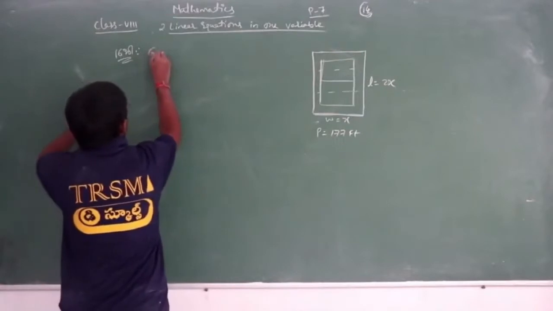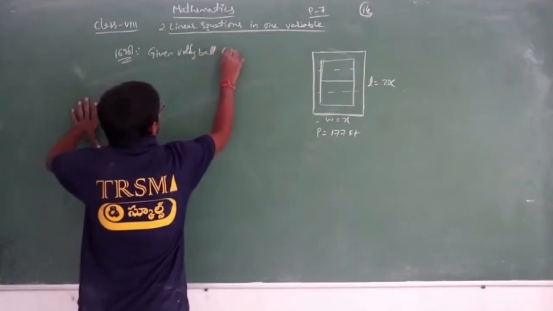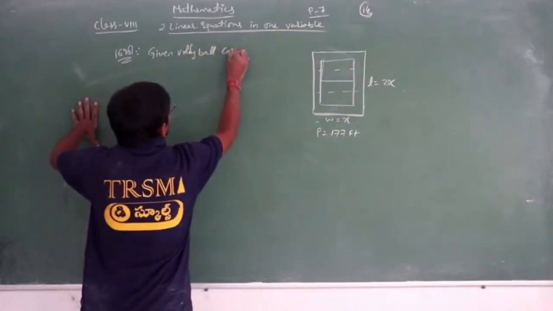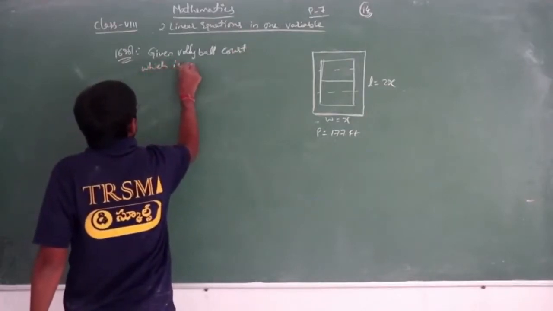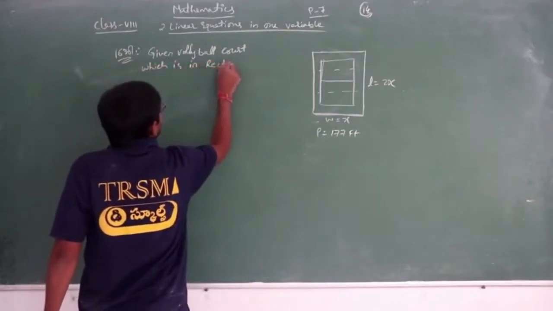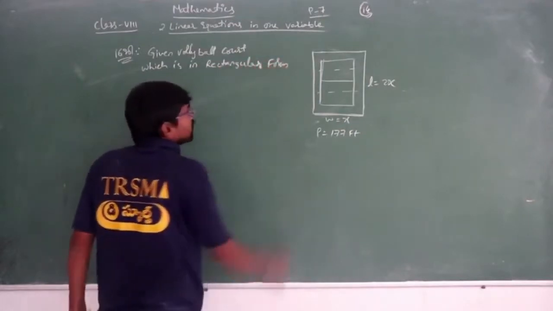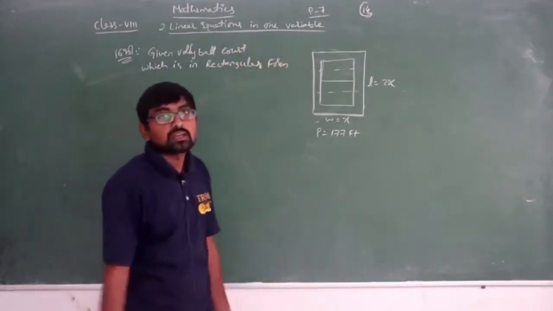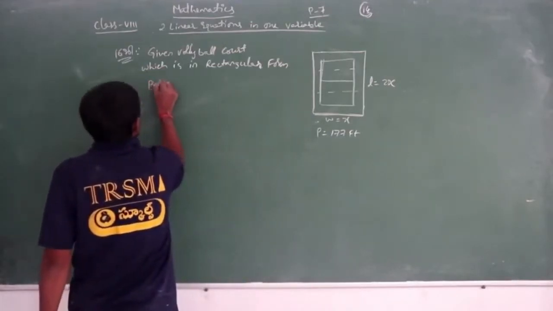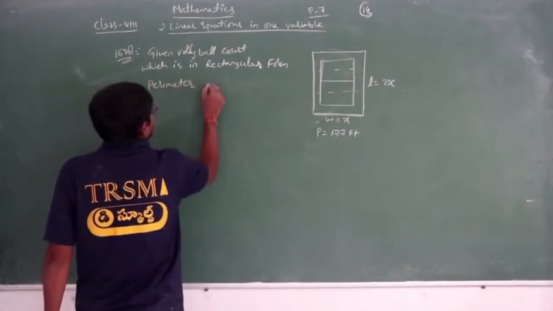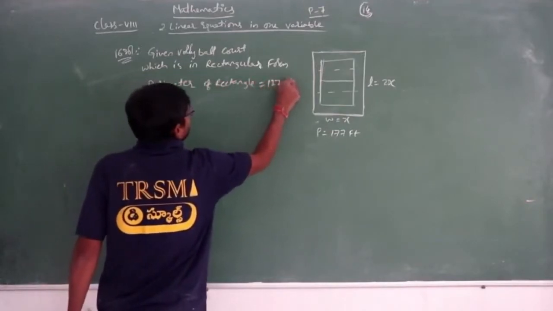Okay, so given volleyball court, which is in rectangular form. Why is it in rectangular form? A volleyball court will be rectangular only, isn't it? Now, what he had given, again, perimeter of rectangle 177 feet.